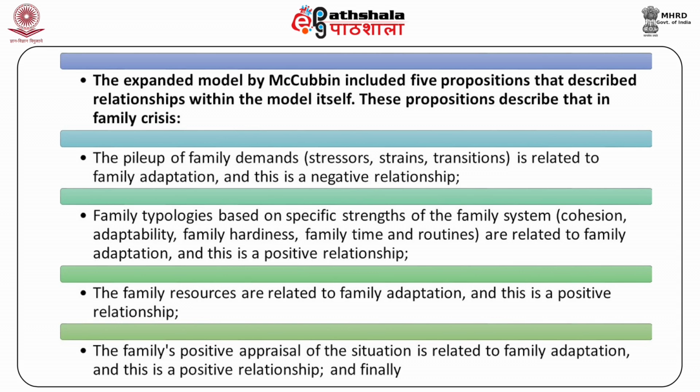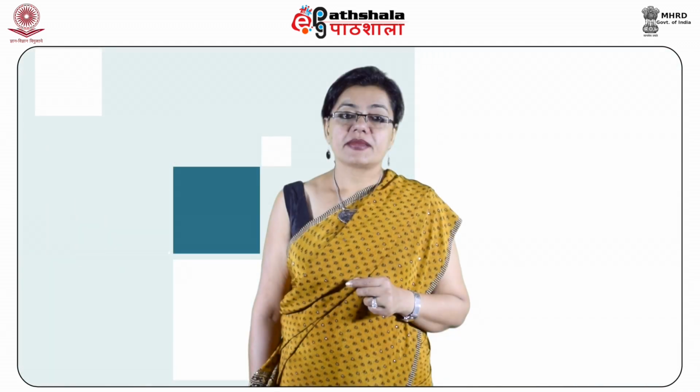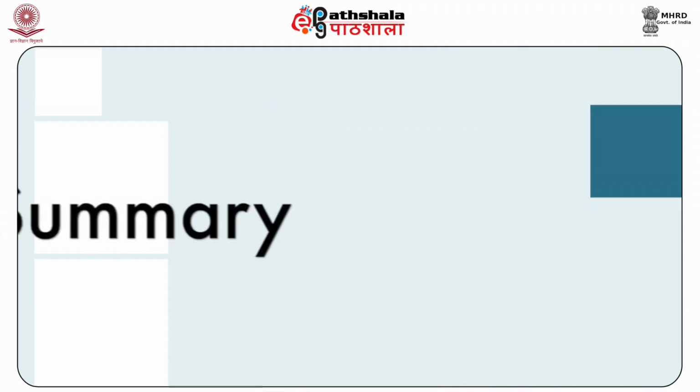Number three, family resources are related to family adaptation, and again this is a positive relationship. Fourthly, the family's positive appraisal of the situation is related to family adaptation, and this is a positive relationship. Fifth, the range and depth of the family's repertoire of coping and problem solving strategies, when employed to manage a crisis situation, are related to the level of family adaptation, and this is a positive relationship.